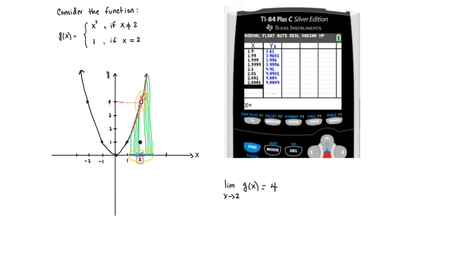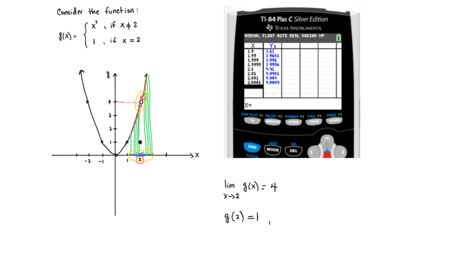So this is something that is unexpected as we're learning about limits, and something that I really want you to see and to feel comfortable with. Even though we know that g of 2 is equal to 1, the y value is 1 when x is equal to 2, that's great. But that doesn't mean that the limit at 2 has to be 1.